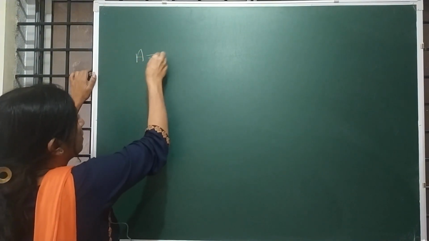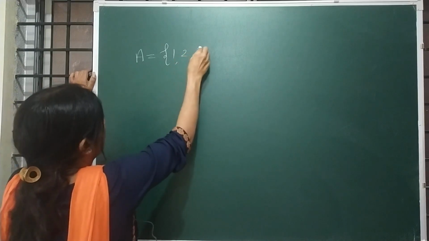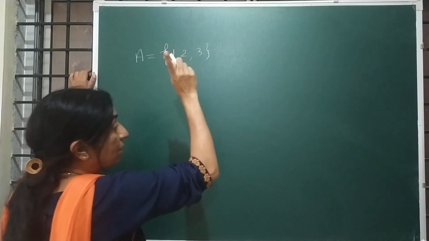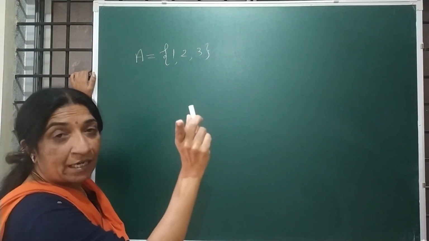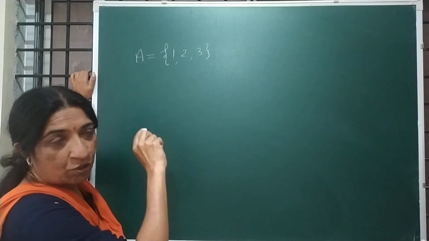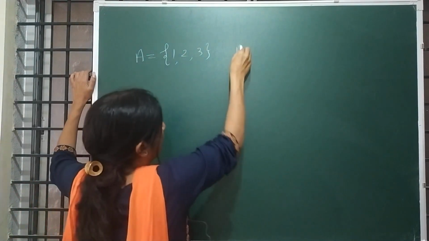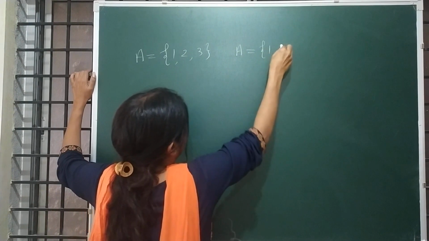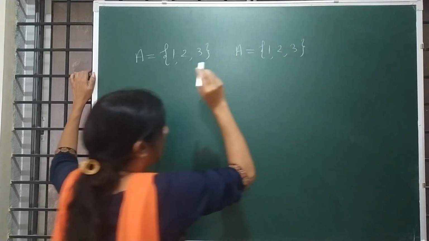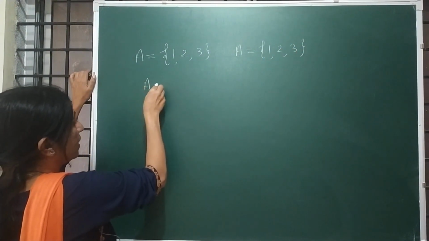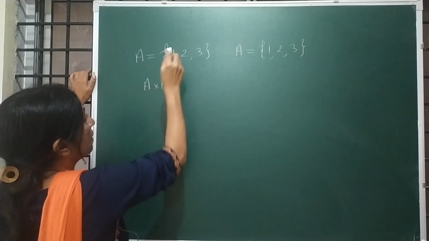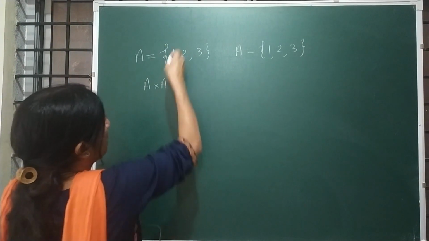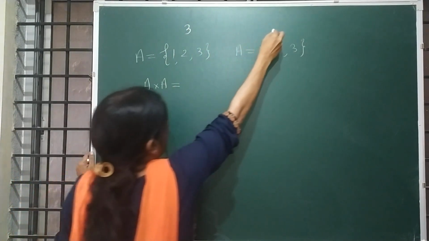Before going to the next definition, I will give an example. See here, this is the set {1, 2, 3}, and you know that when you are writing a relation we have to write the Cartesian product. We are using the same set, so again I am writing 1 2 3 to explain it. I am writing A cross A. Here we have a total of 3 elements and here we have 3 elements.